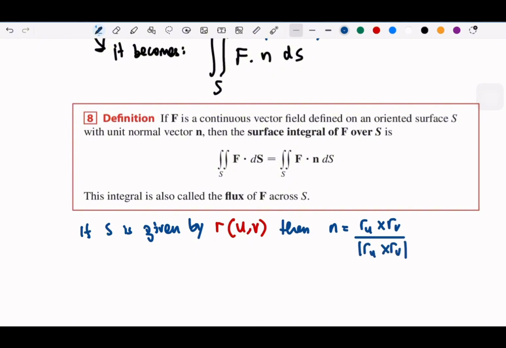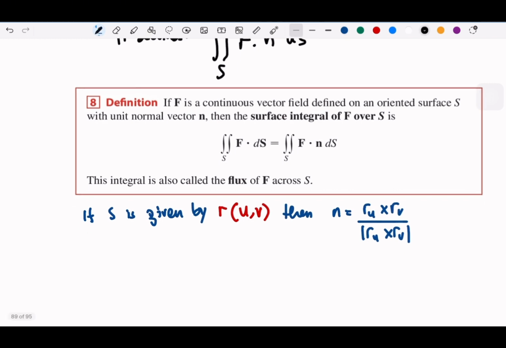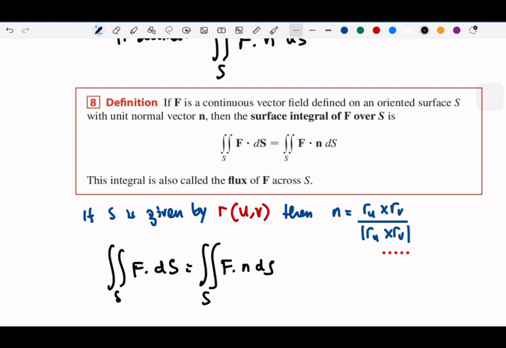So we exchange the magnitude, and this is r_u cross r_v, and the magnitude of r_u cross r_v times dS, and then this will be equal.